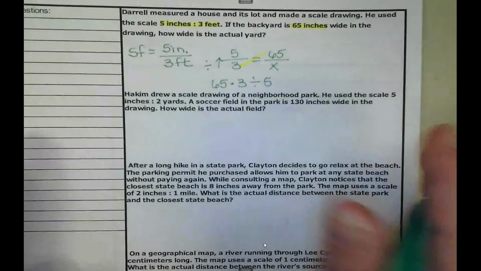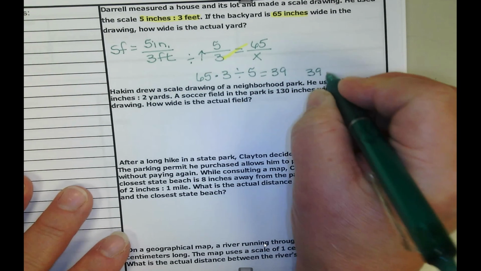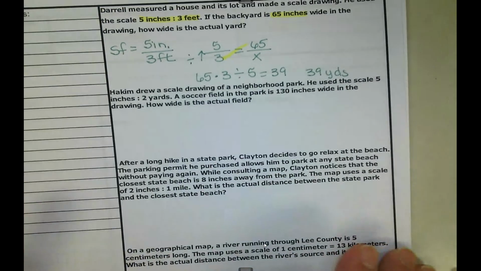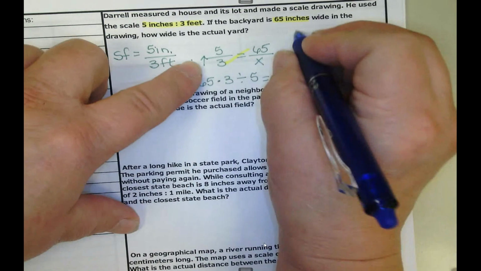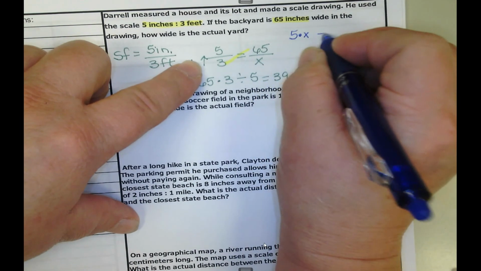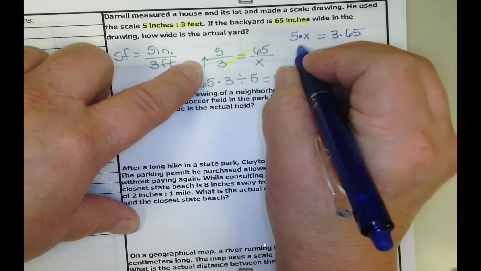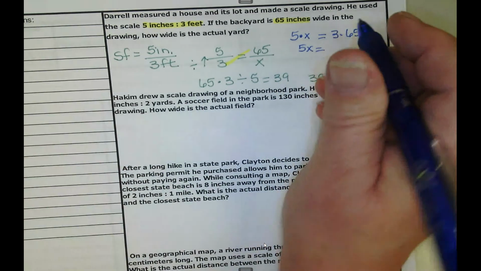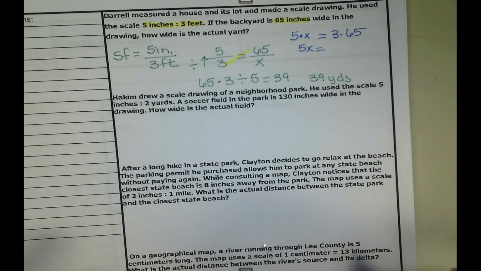And you end up with 39. And that would be 39 yards. Okay, if you're not comfortable with this, you can do it the old-fashioned way that you were taught. 5 times x is equal to 3 times 65. 5x is equal to 195.